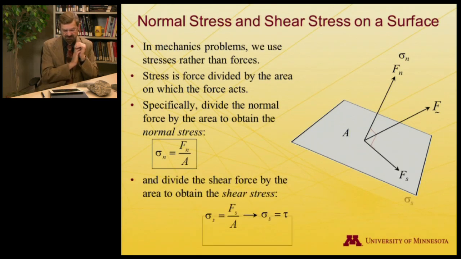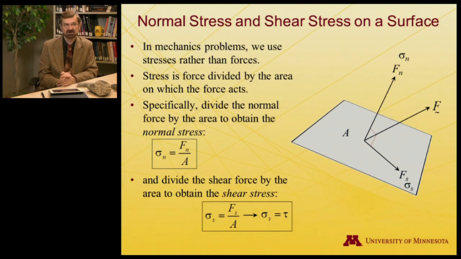And the shear stress is very similar. We'll denote it again by sigma, the Greek letter sigma, with a subscript s to symbolize shear. And it's the shear force divided by the same area of that plane. So the areas are the same in the two definitions, but the forces are either the normal force or the shear force.